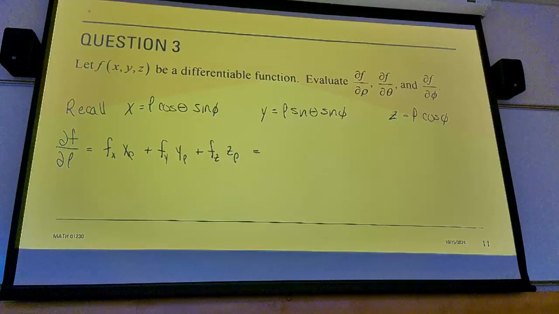It's partial of f with respect to x, because we don't know what f is. What is the partial of x with respect to rho? Is it cosine of theta sine phi? It is cosine of theta sine phi.